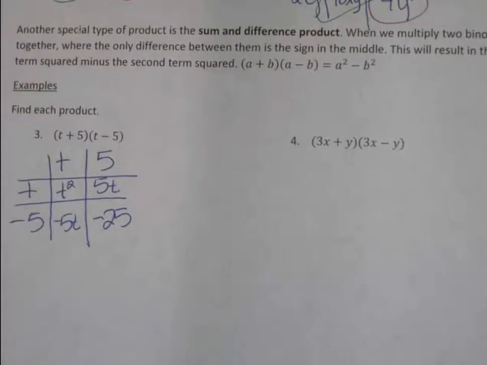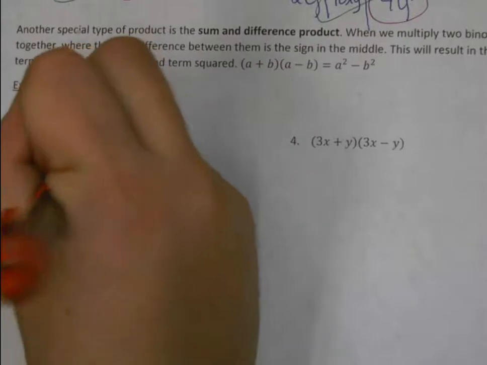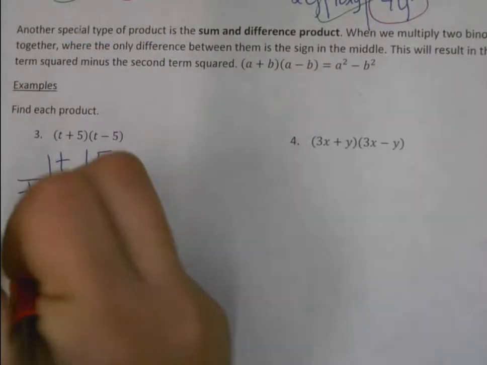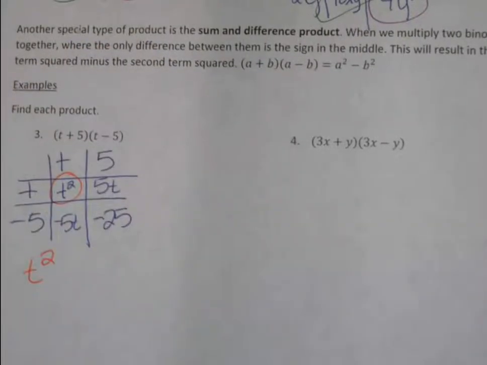Okay, so then I want to go combine like terms like normal. I have t squared. What do I have in the middle? I add them. 0. So, yeah, they cancel out. So do I have to write them?